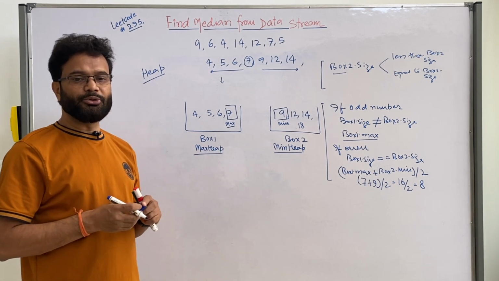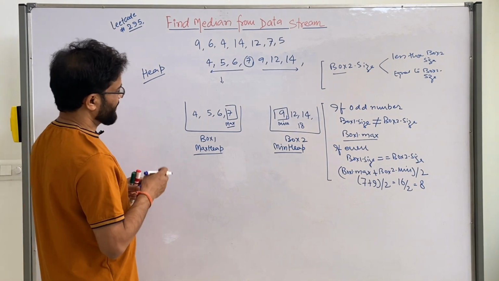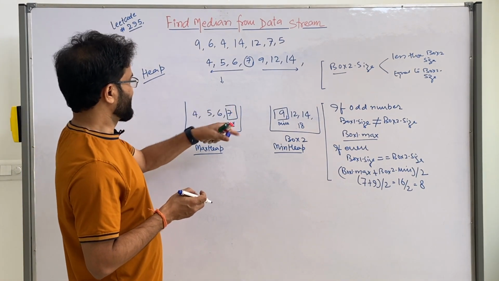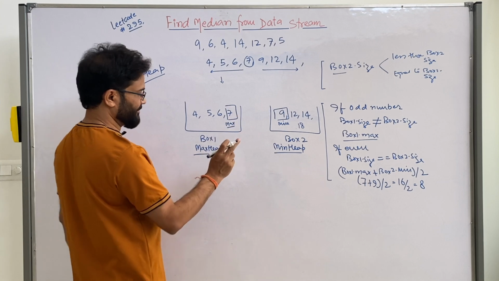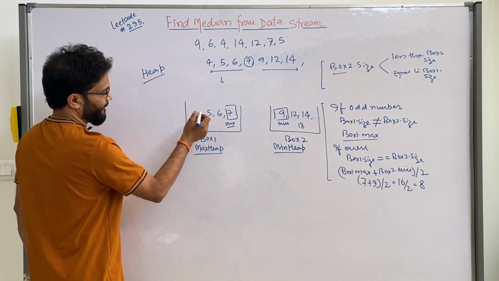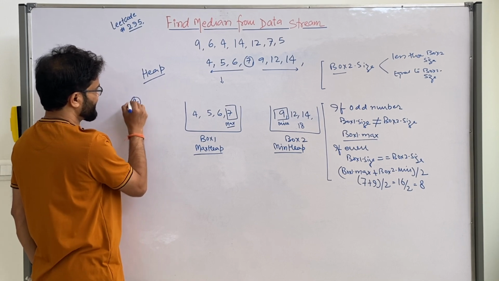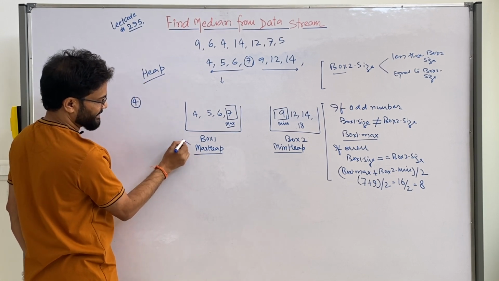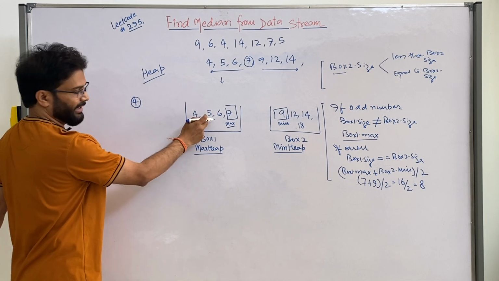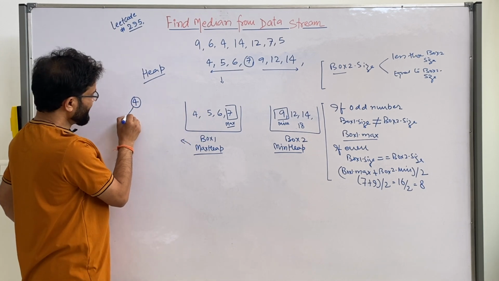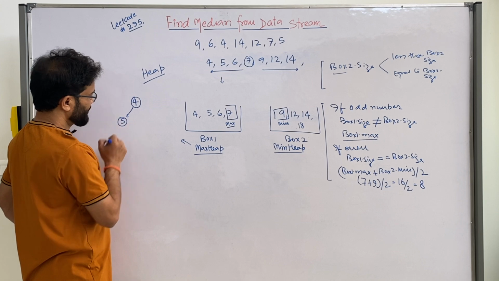Suppose you take some data, the same data, 4, 5, 6, 7. When you drop the number 4, it will make this tree structure. I am talking about the max heap. Then you give the 5. So 5 should become the left child, right?